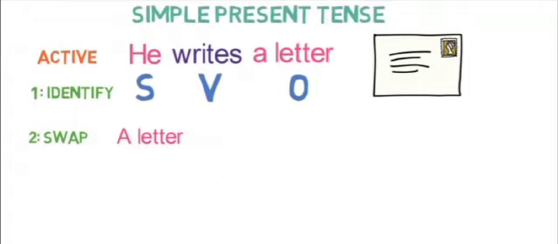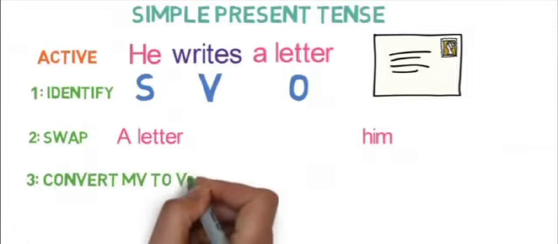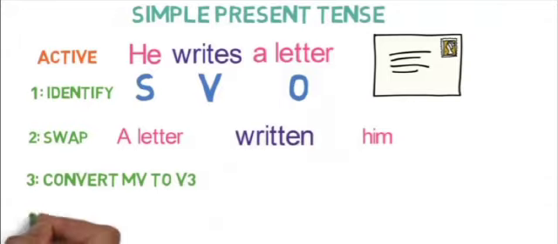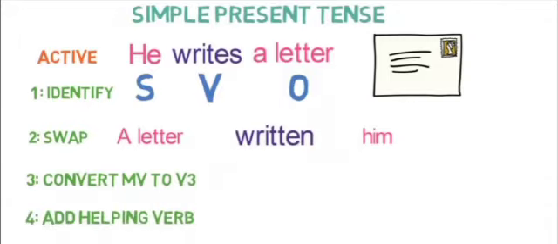A letter will become the subject now. He will change into him, being the object. Third rule, convert the main verb to the third form of verb, written.